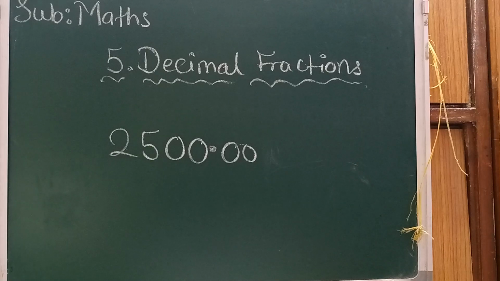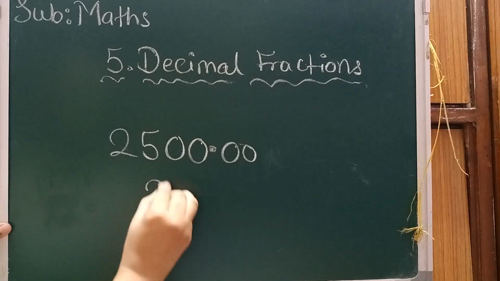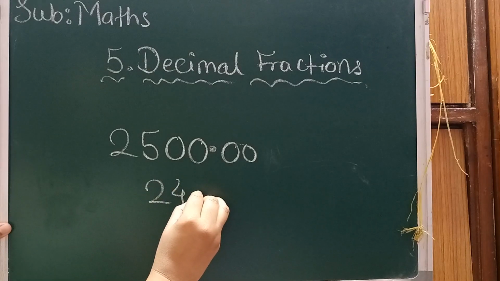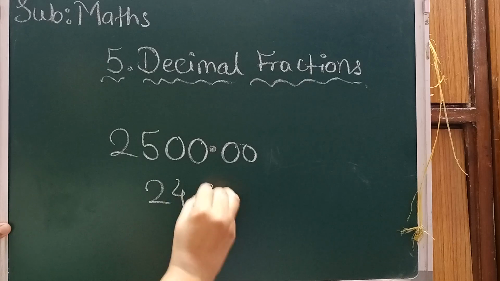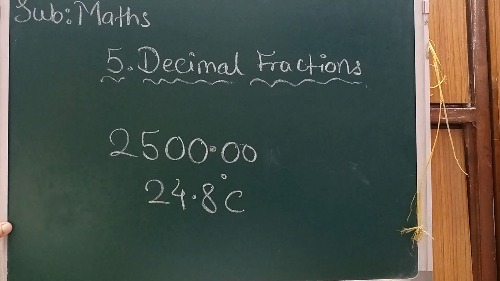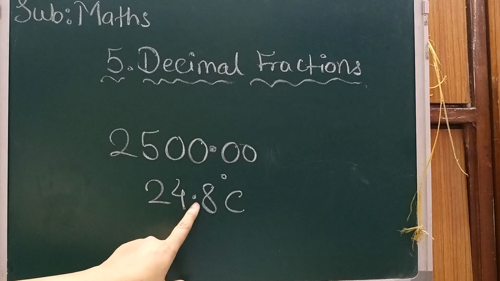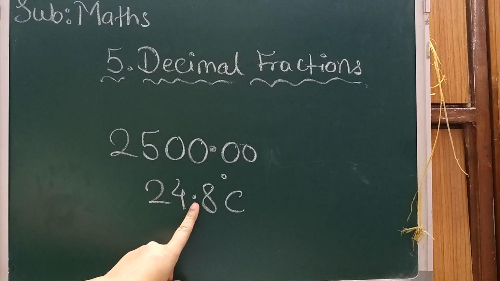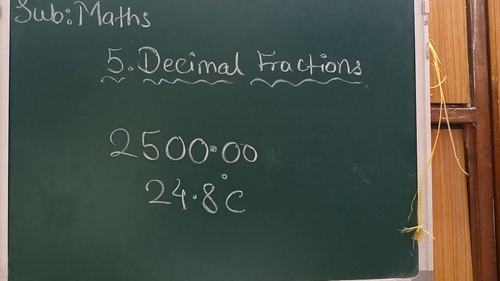Even you might have heard on television that today's temperature is 24.8 degree centigrade. Likewise, when we see the decimal point, those numbers are called decimal numbers. Now let us see this in detail.